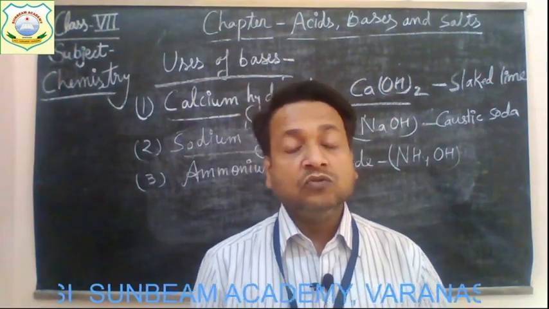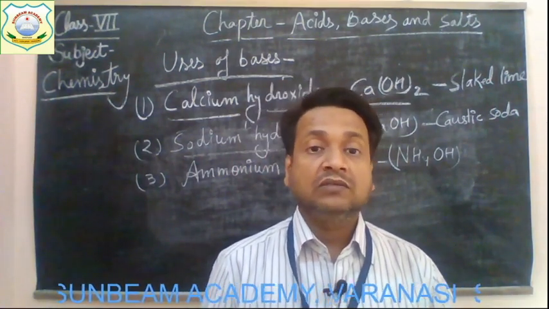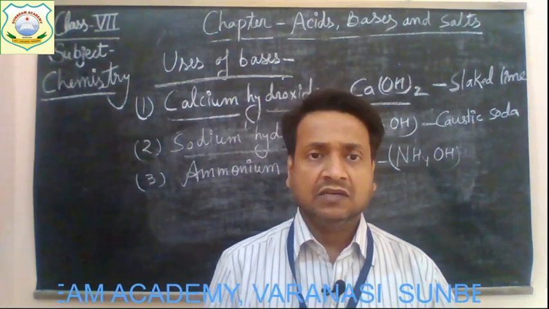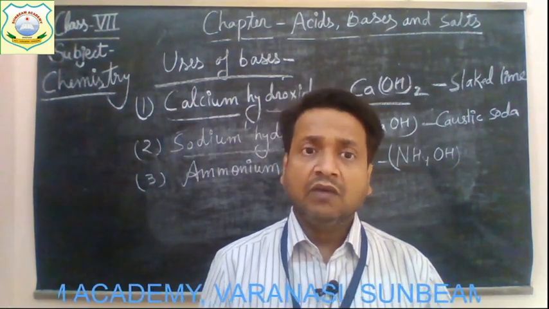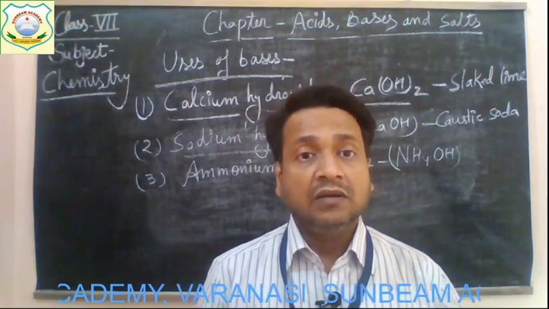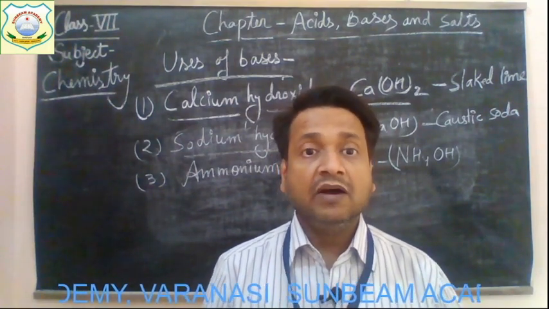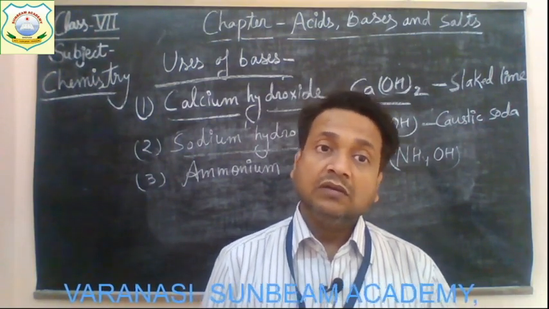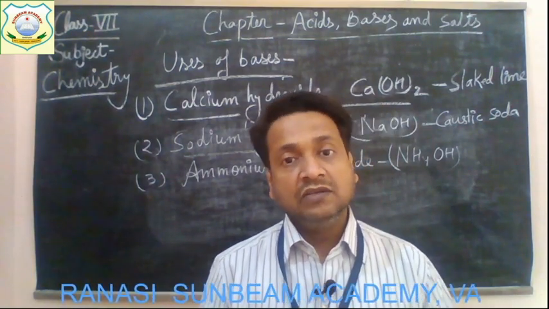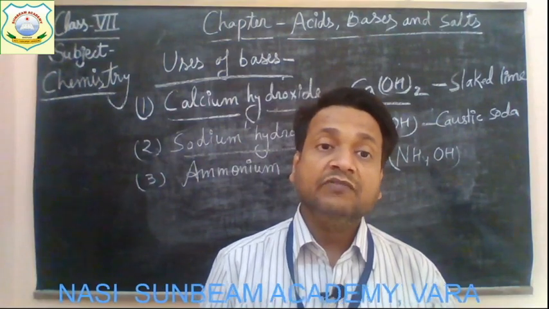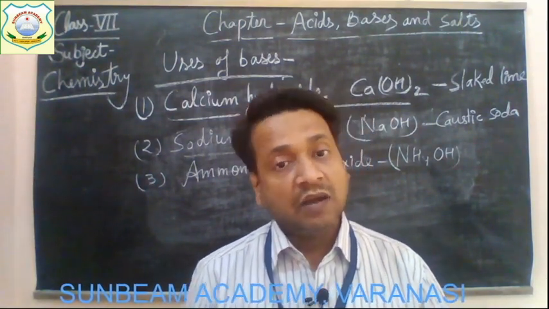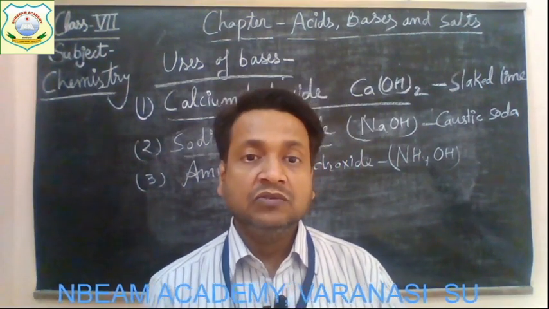It is also used to manufacture nylon, plastic, different types of dyes, etc. You are very much aware of nylon. It is a kind of synthetic fiber. So, to manufacture nylon, ammonium hydroxide is used, and also to manufacture different plastics and dyes.